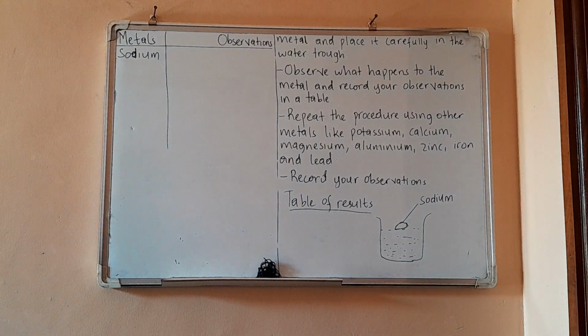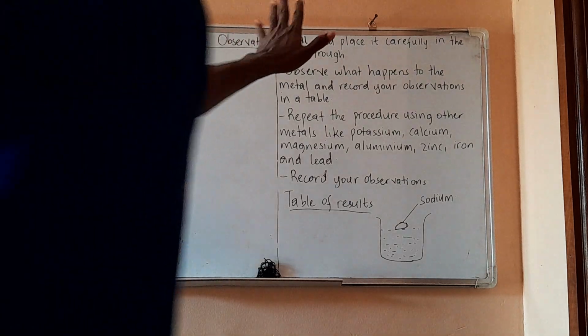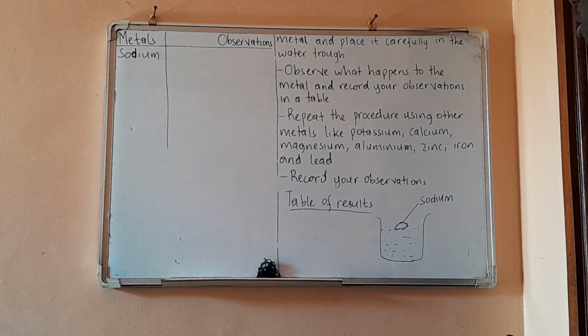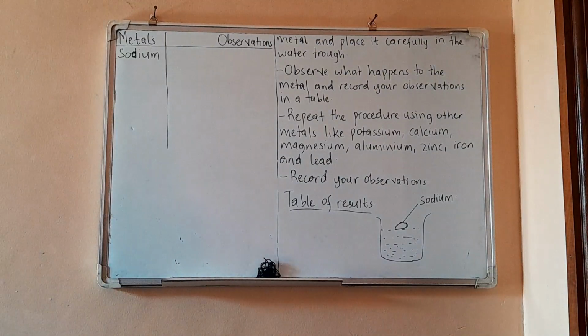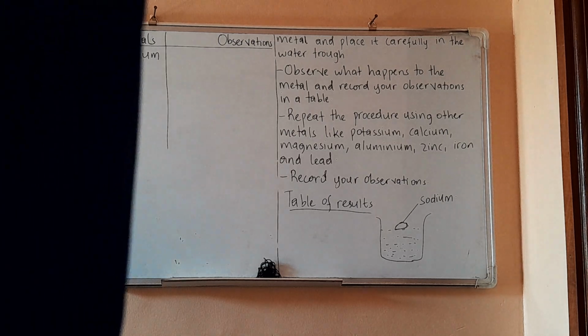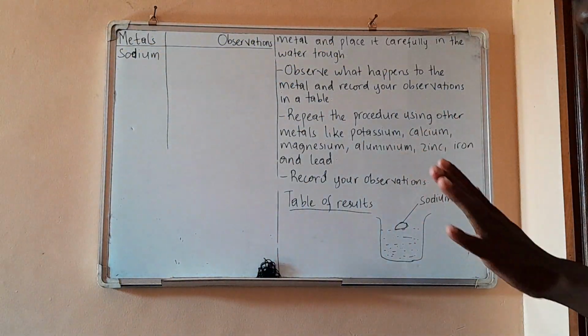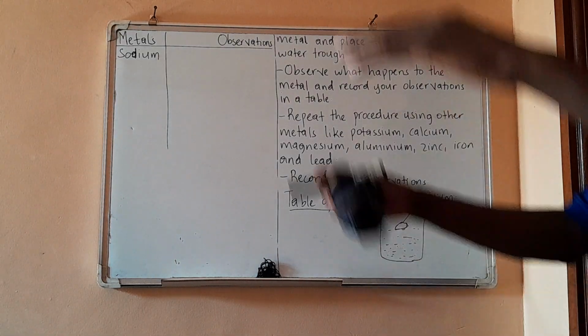By the way, sodium is very dangerous. It is also not good to conduct this in a closed environment. It has to be an open space, because metals like sodium and potassium are very dangerous on exposure to the atmosphere. So it has to be carried out in a safer environment, an open space.